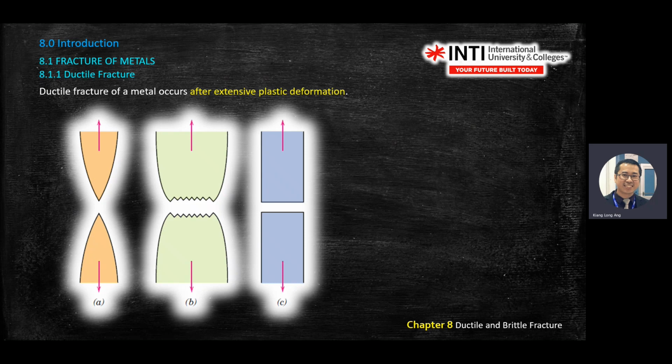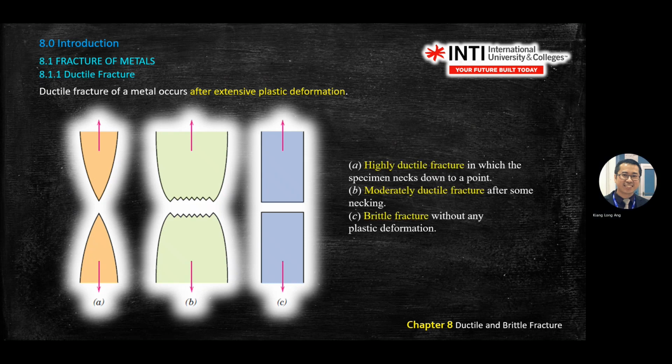On the diagram here, you see the types of material. If you see a very sharp point, then this one is highly ductile. This one still has necking, which means there's a reduction of area. Then this one is also ductile, but not very high, just moderate.